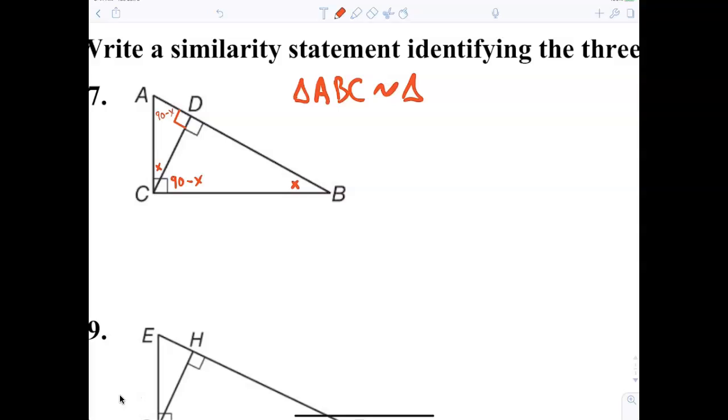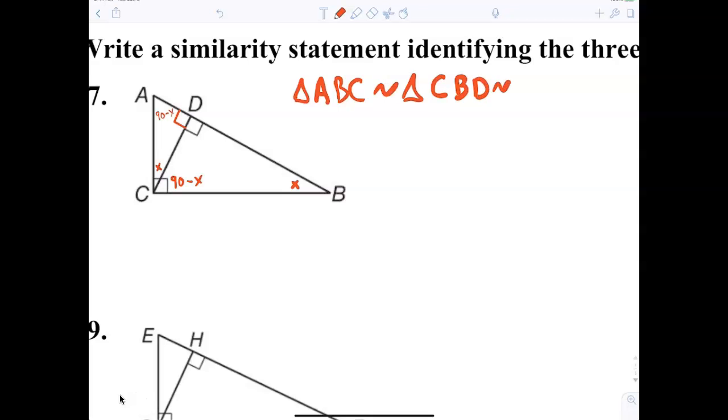What's the measure of angle A? 90 minus x. So A has to go with C. And then B is x, right? So it has to be the same angle. Does everybody agree? So it would be C, B, and then angle C was the right angle. Does everybody agree? So it would have to be what?